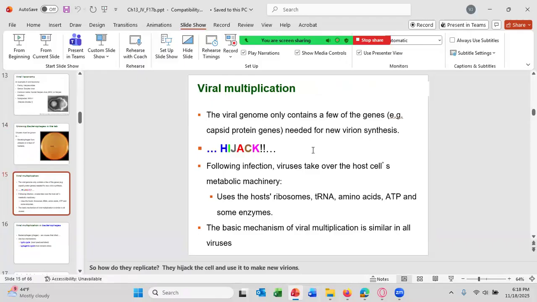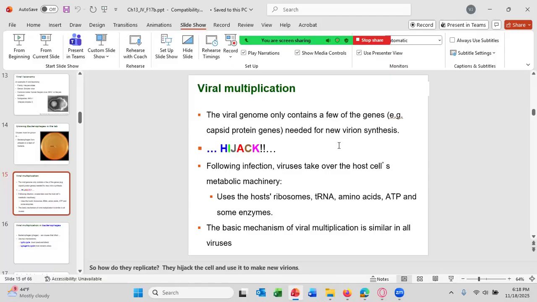Remember, for a virus to multiply, the virus has to hijack its host cell and cause the host cell to replicate the virus. The reason is the viral genome only contains a few of the genes needed for virion synthesis. The virus relies upon many factors from the host cell to replicate.